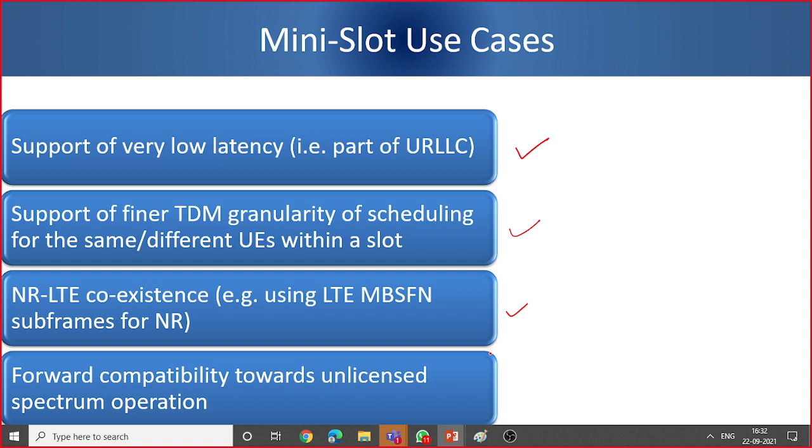And it is also used for unlicensed spectrum operation. Since this came during release 15 itself, they called it forward compatibility. In release 16 and 17, the support of unlicensed band is coming, and that will be used.